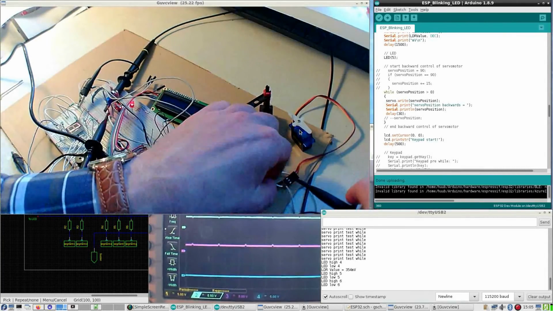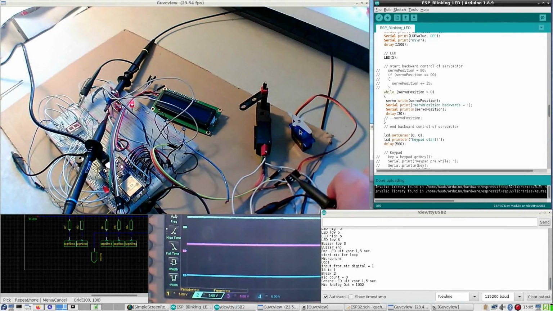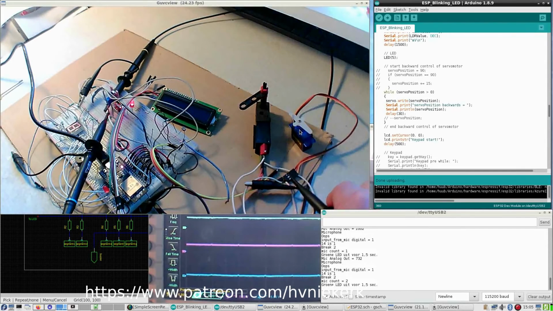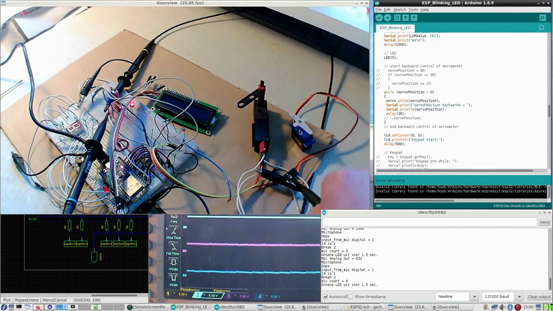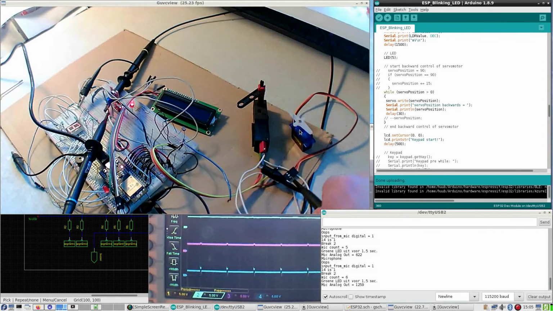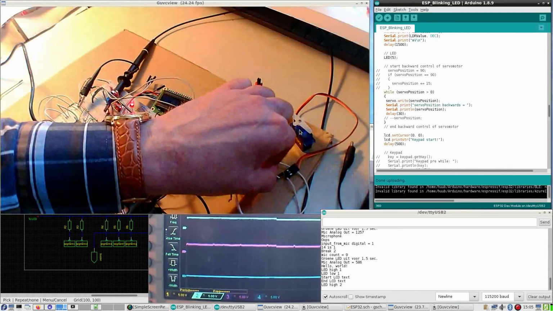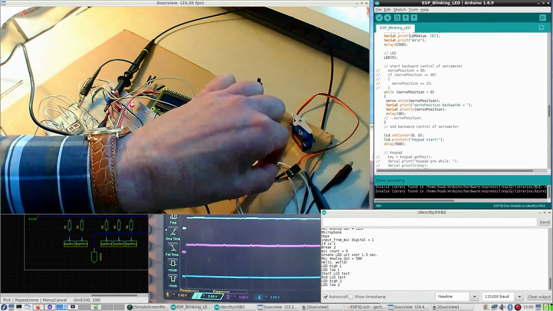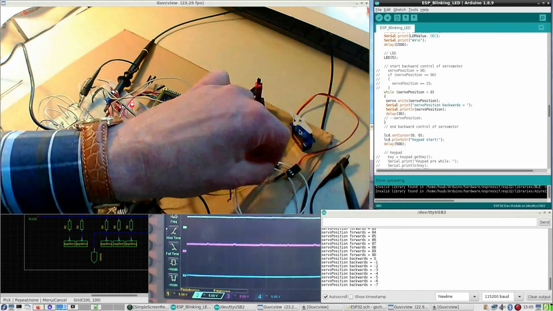So let me just check on some signals. Nothing. Yep. Signal. And pulse width. So that means, and be careful with this wire, this should be in here. Yep, pulse width as well.